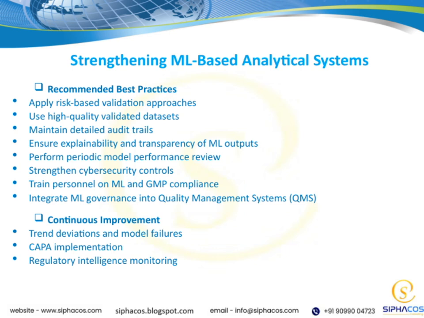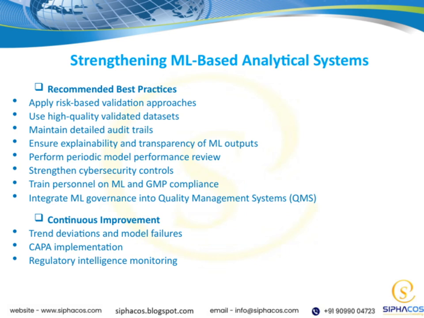Maintaining detailed audit trails is also critical. This way, we can track every step of the process, which is vital for compliance and troubleshooting. Ensuring explainability and transparency of ML outputs is a key point. People need to understand how decisions are made, especially in regulated environments.